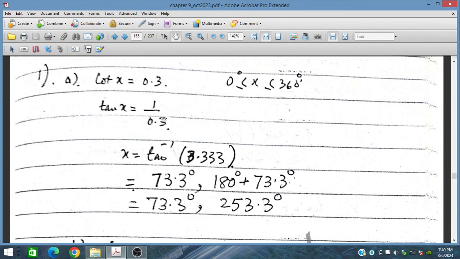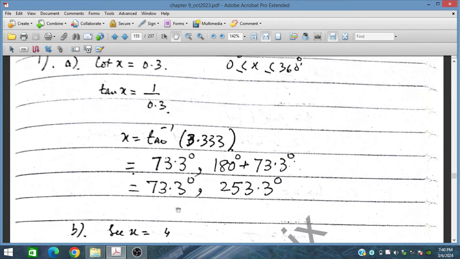This is a positive value, so it is in the first quadrant and the third quadrant. In the first quadrant the value is 73.3, and we add 180 to this 73.3 to get the other one. So this is the solution for the 0 to 360 range.